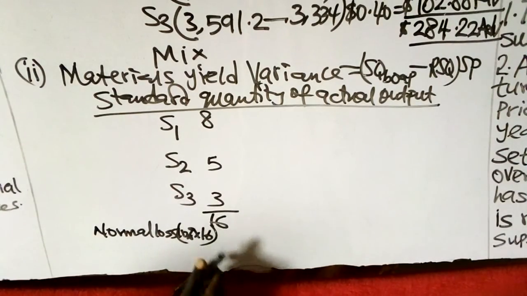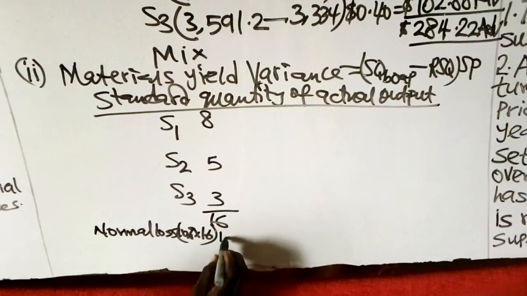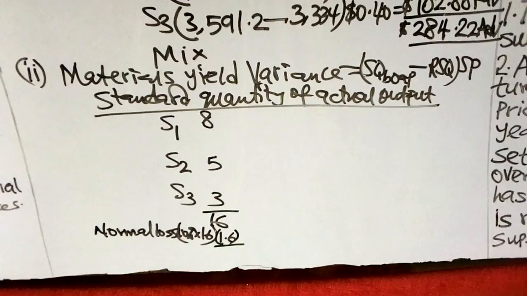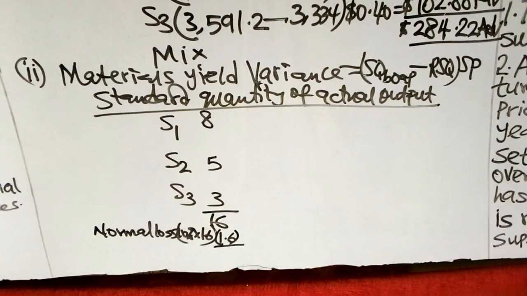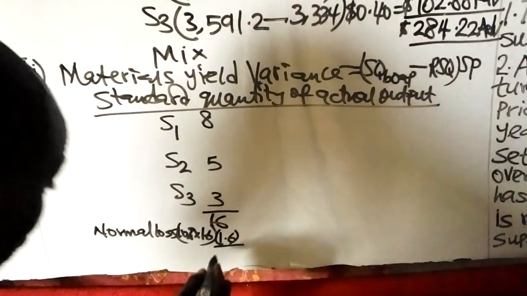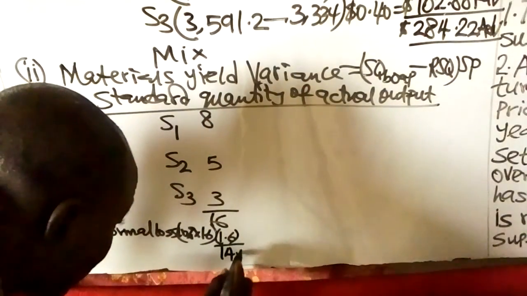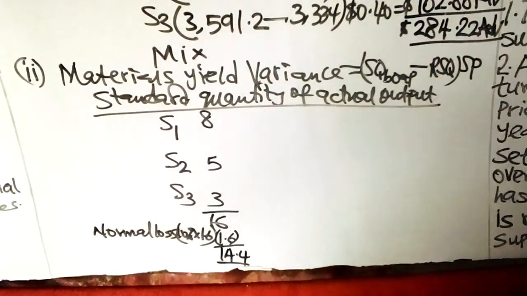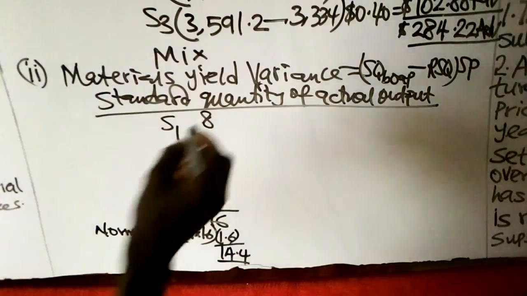Our input is 16. 10% of 16 will be 1.6. Now, if there is a loss of 1.6, if you subtract 1.6 from 16, then you'll be left with 14.4.